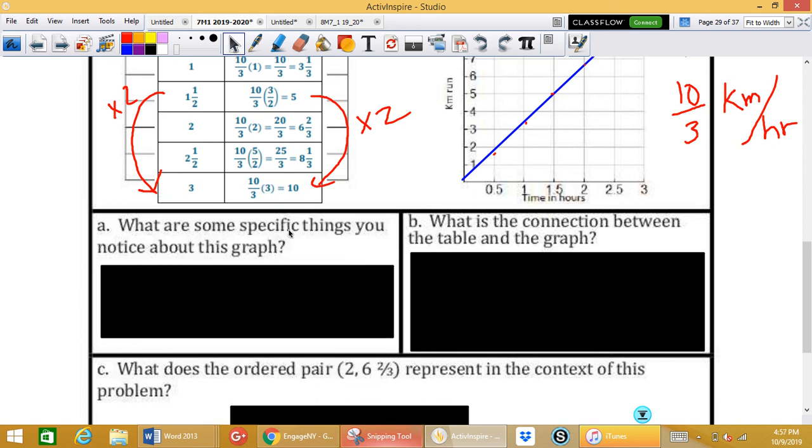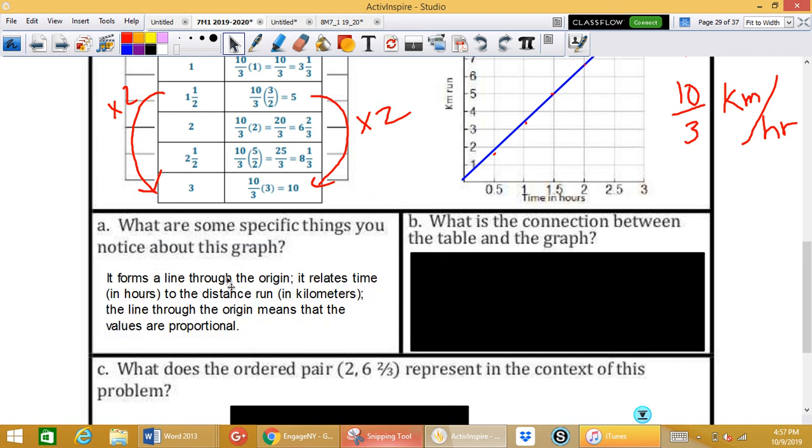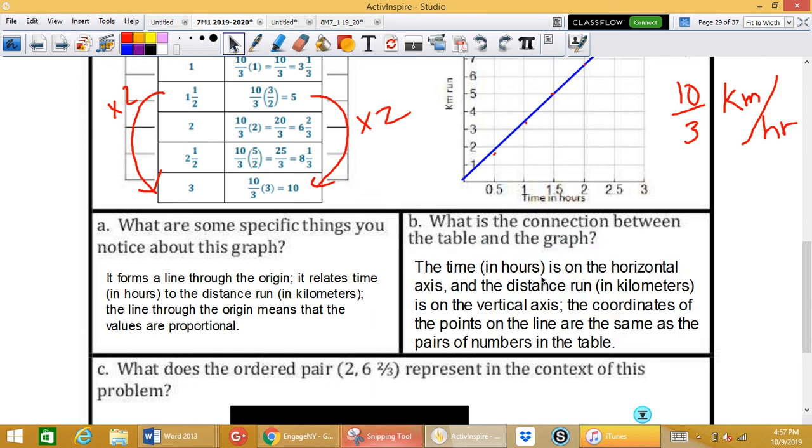What are some specific things you noticed about this graph? It forms a line through the origin. It relates time in hours to distance run in kilometers. The line through the origin means that the values are proportional. What is the connection between the table and the graph? The time in hours is on the horizontal axis, which is also known as our x-axis.